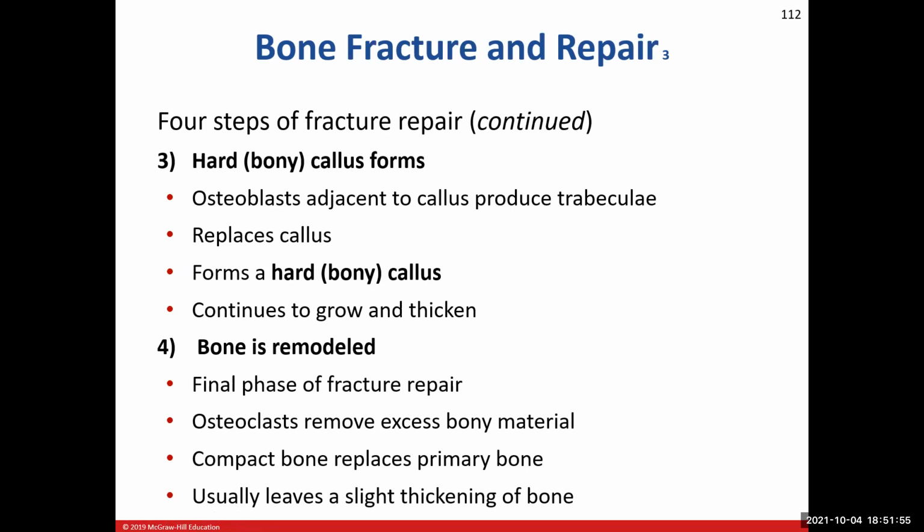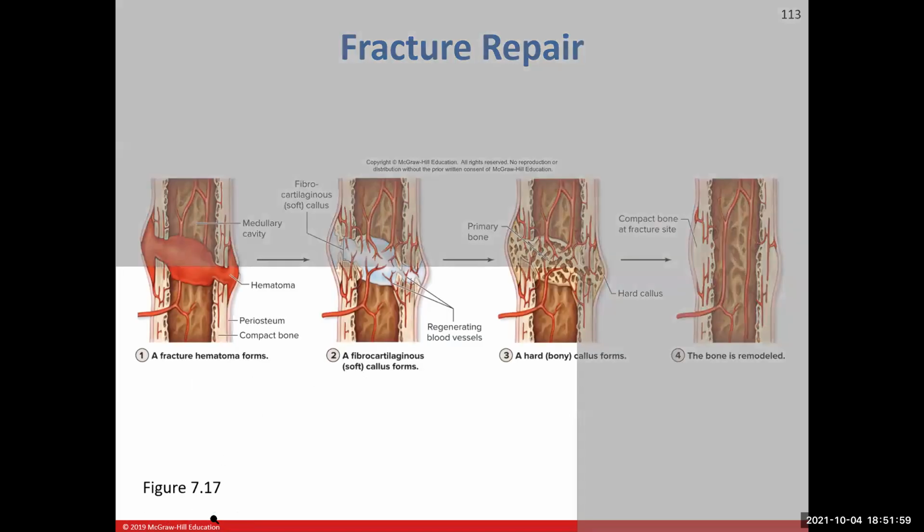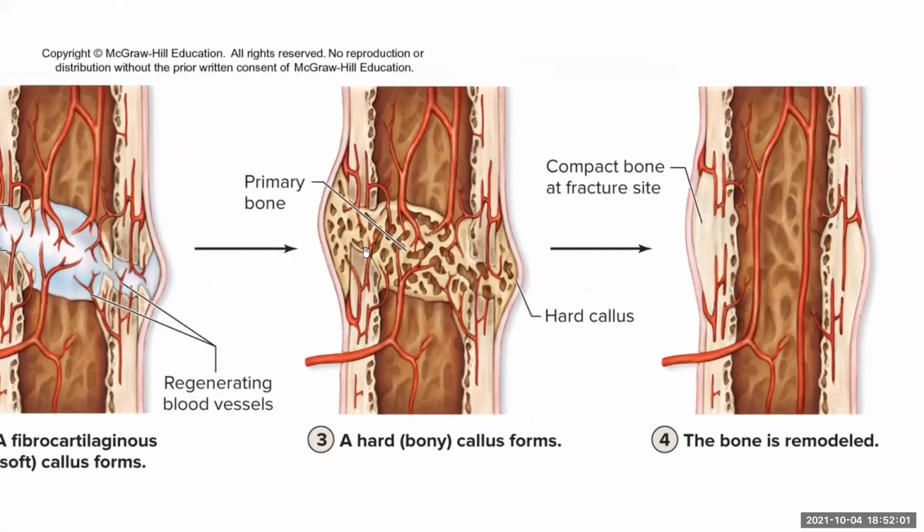This goes on for weeks. Now we've created this early form of bone, that primary bone, which is kind of loosely organized. It's not going to be as strong, but it's still going to be pretty strong. It's going to be enough to get the job done. But that's that primary bone. It's not our finished product yet. But now we've got some bone tissue in here.